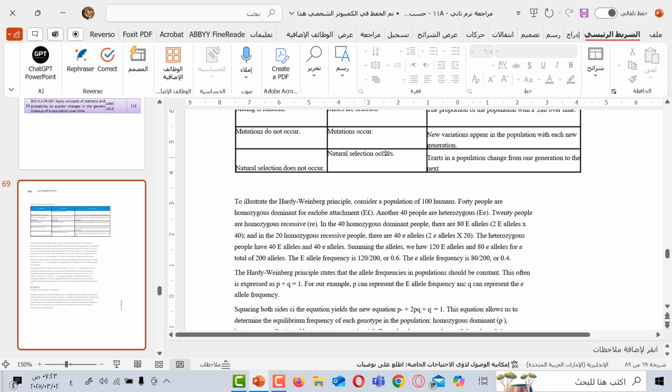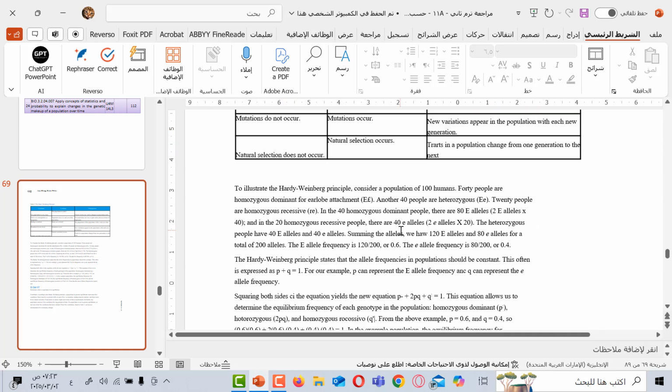And if any one of these conditions does not happen, it means evolution will happen in this population.